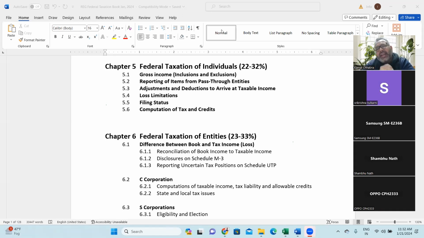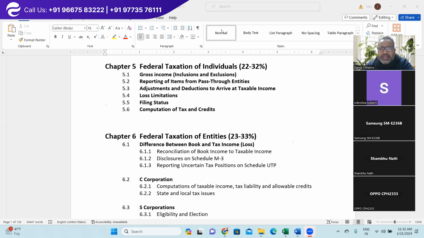That will give you the taxable income. On that taxable income, you will apply the tax rate. That tax rate application will give you the tax liability. That tax liability you will reduce by the tax credits, advance tax paid, or withholding tax taken by some third party on your behalf. That will give you the net tax payable or refundable, as the case may be.